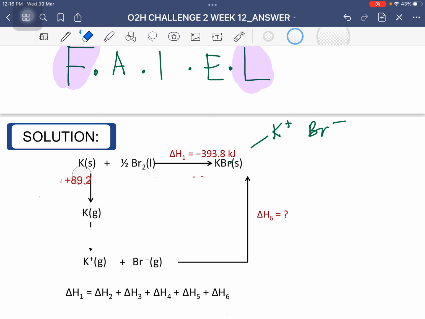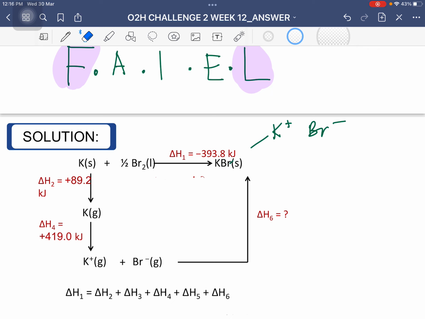Okay, so the enthalpy of atomization of potassium is 89.2. After forming the gases, we can convert to ionize. So dekat sini adalah ionization energy, iaitu removing of 1 mole electron from 1 mole gas potassium. Okay, the energy required is 419. Okay, so we have done the metal part.